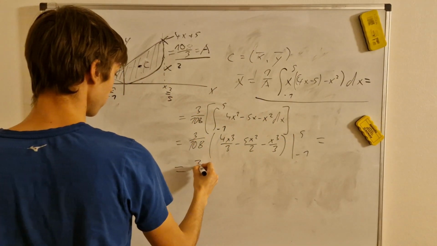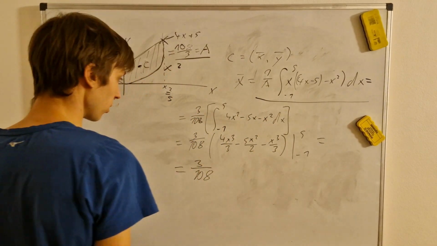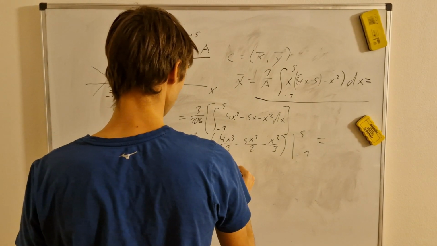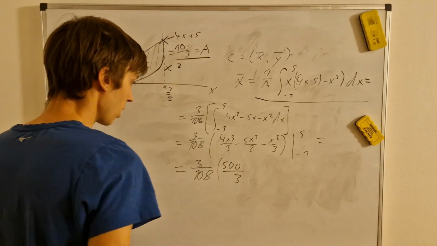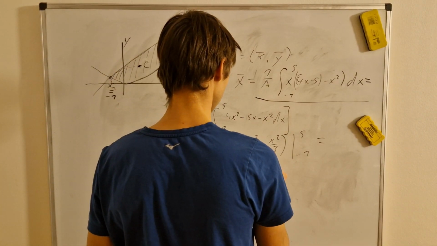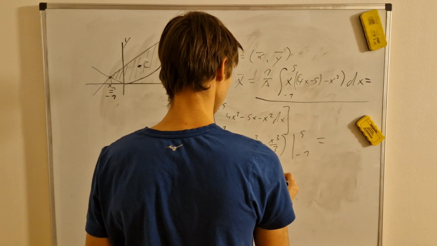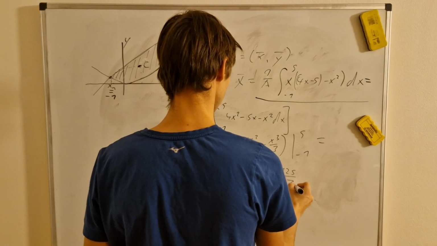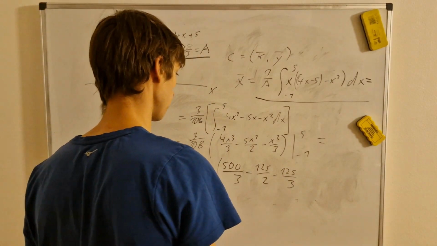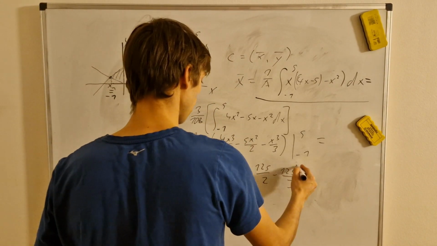So 3 over 108, and this is mechanical work basically. We have 500 over 3 minus this minus this. So different denominators making it a little less practical, but still we can make it.